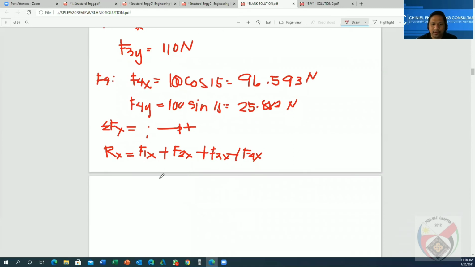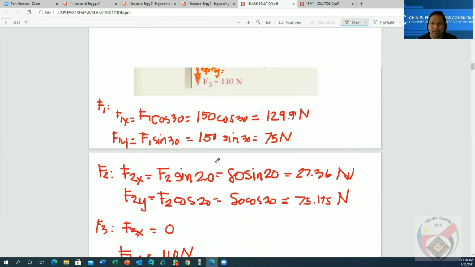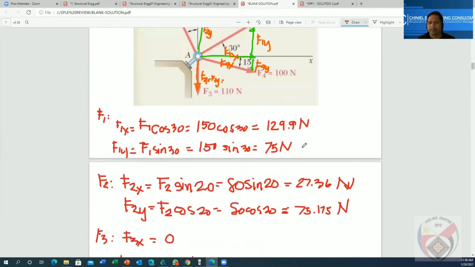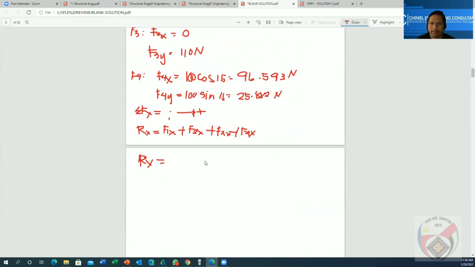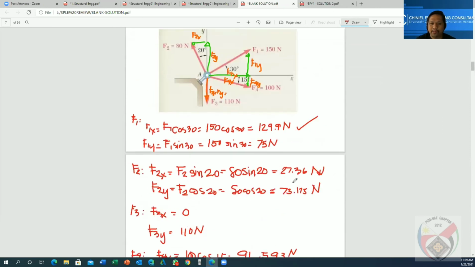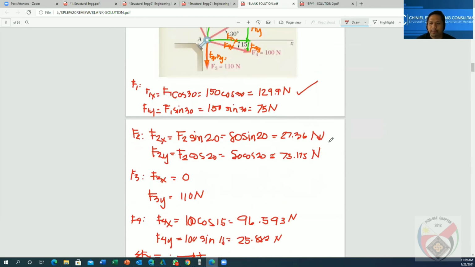Okay, so Rx equals, what is our F1x? This one, right? 129.9. So Rx is 129.9 plus F2x is 27.36.